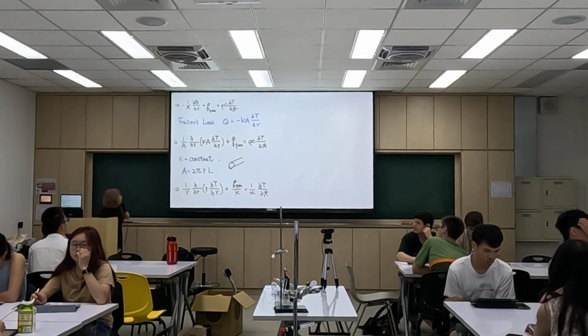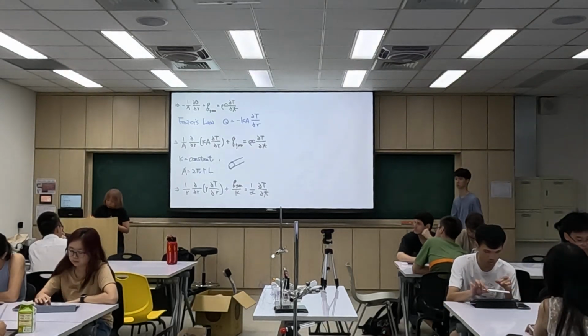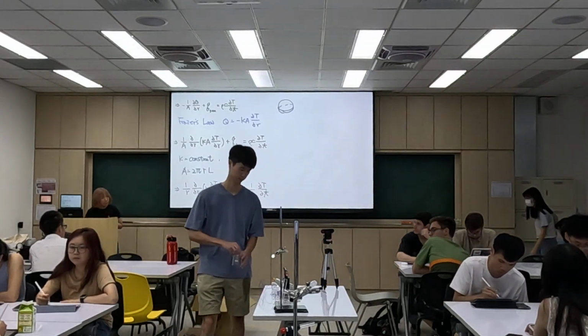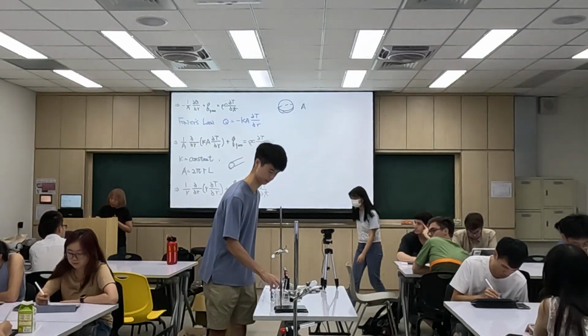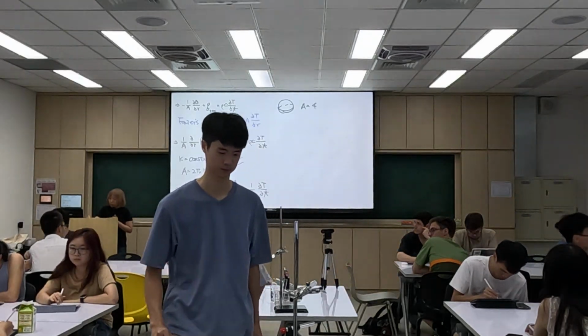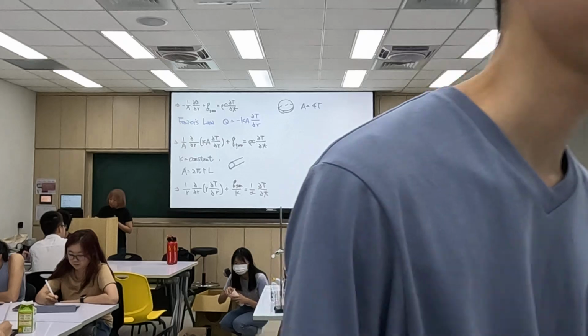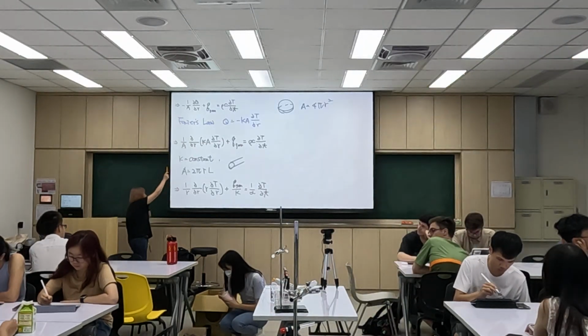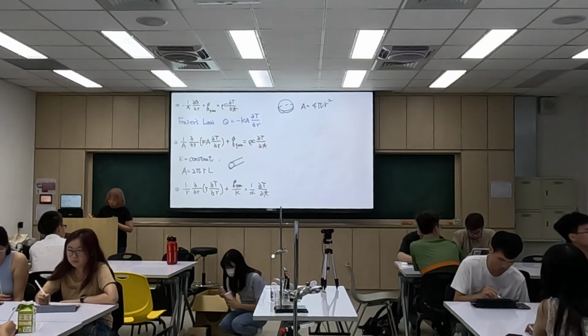So what is the case in the spherical? 球形坐标。Then the area becomes 4 pi r squared. Then you put it into the equation as well.